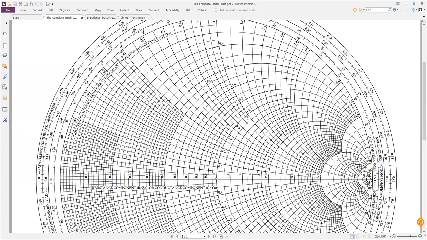Actually, by using the Smith chart, we do some transmission line calculations. So see here, what we have found is we can find the Smith chart. The rho means reflection coefficient.